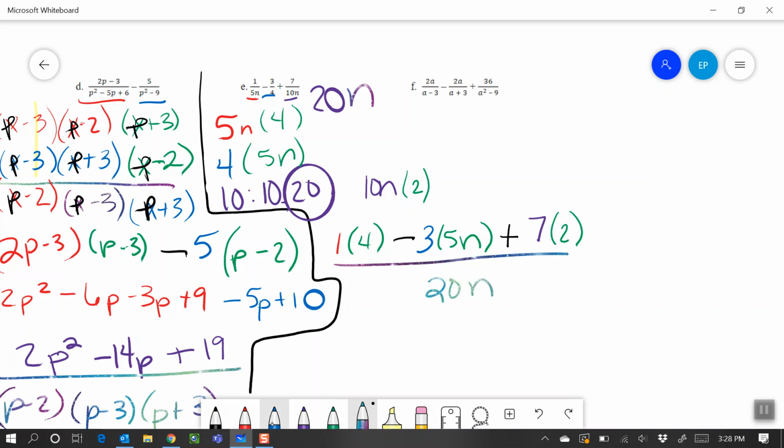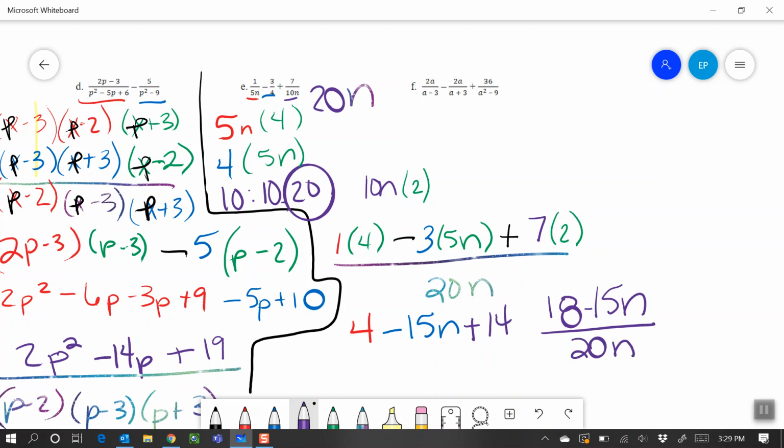So really, I'm going to have 4 minus 15n plus 14, which simplifies down into 18 minus 15n, all divided by 20n. And then that's your final answer.